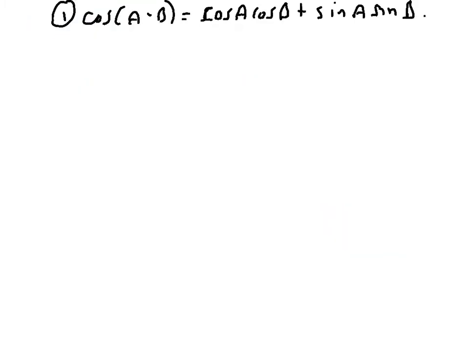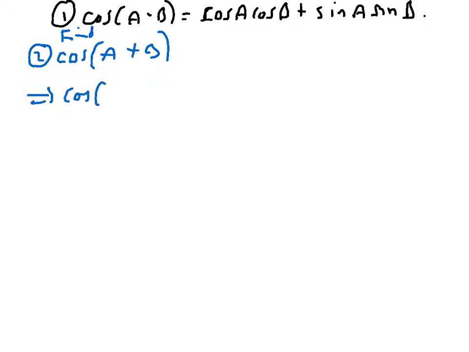So now I've proved that this main result here, as I said, I can start proving the other ones. So let's look at identity 2 then. I want to find out what cos A plus B is. So I can use my previous result by taking cos A minus B. Do you see?